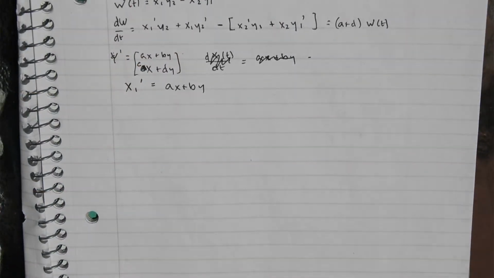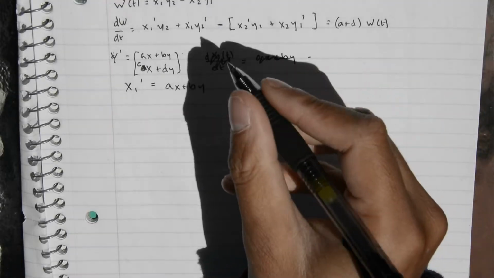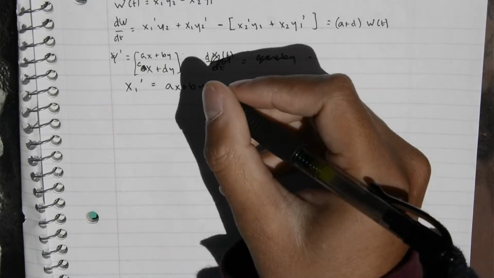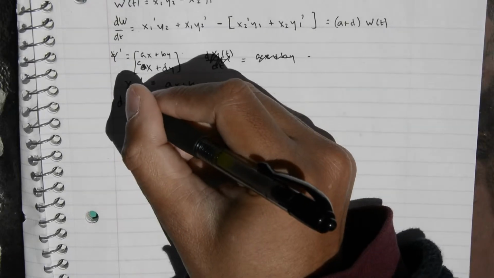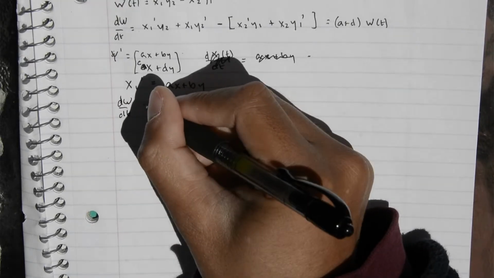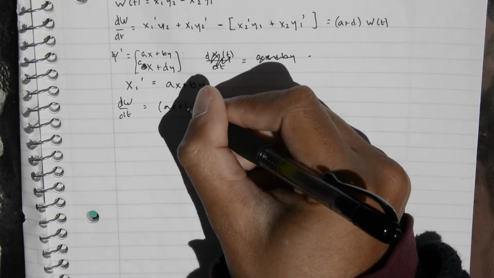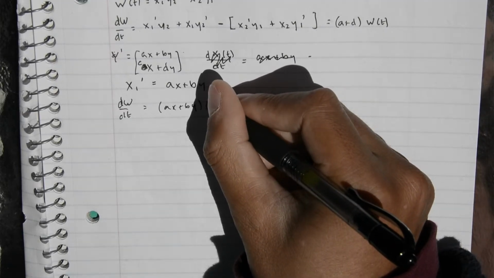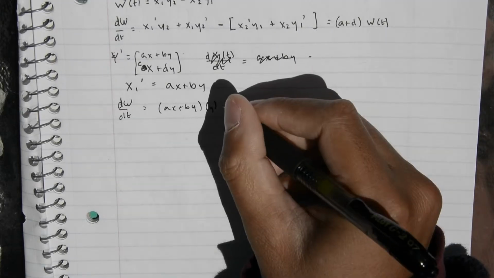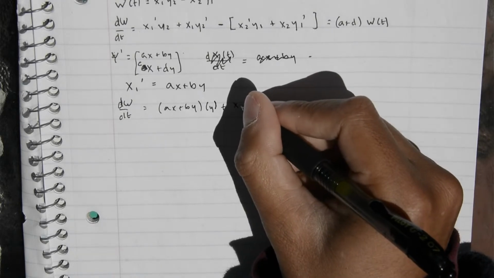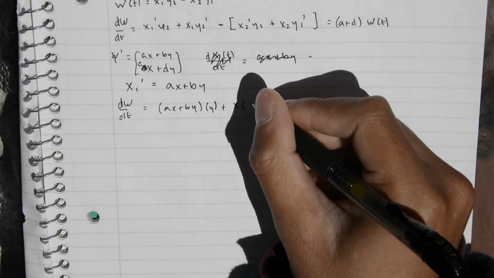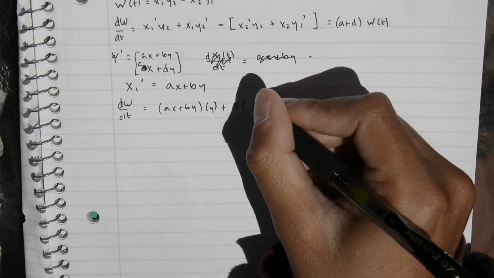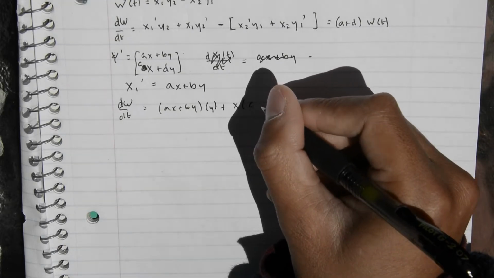So if we expand this big thing out, we're going to get dW/dt is equal to (ax plus by) times y, plus x times c.